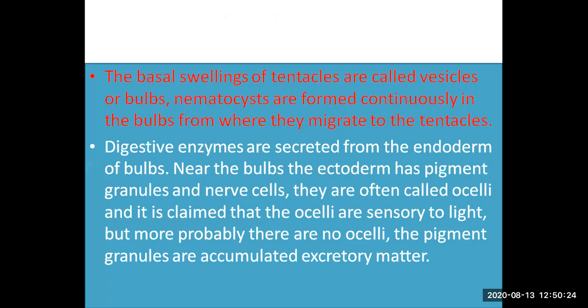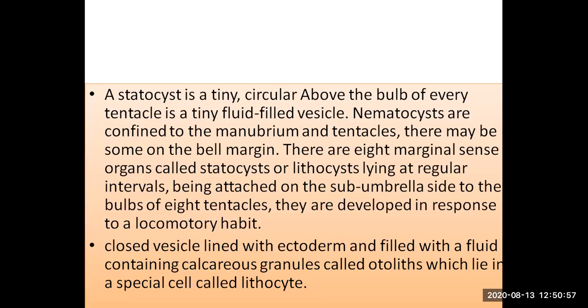Near the bulbs, the ectoderm has pigment granules and nerve cells. They are often called ocelli, and it is claimed that they are sensory to light, but more probably there are no ocelli. The pigment granules are accumulated excretory matter.